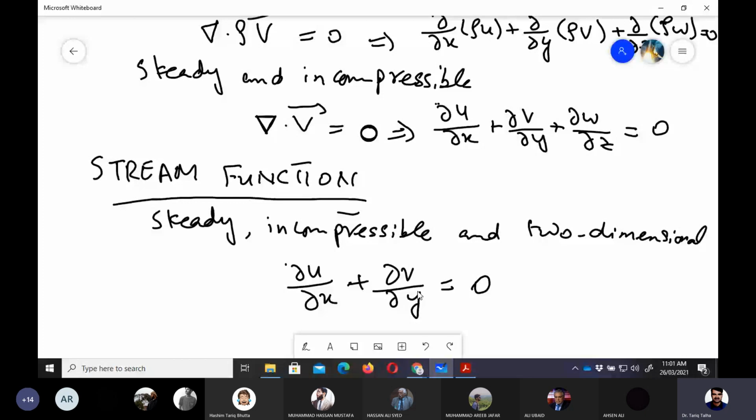So for steady, incompressible and two-dimensional flow, we can use a function which can replace the u and v velocities. What is the advantage of using that function? In that case, the number of dependent variables becomes just one. Now let us see the definition of that stream function.